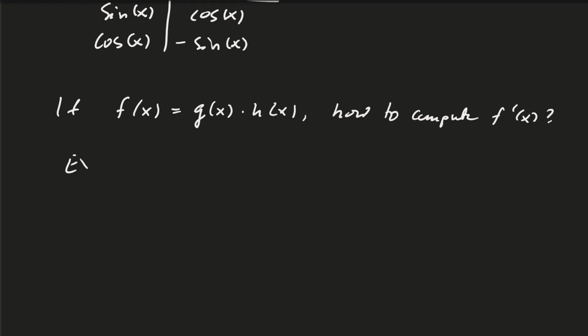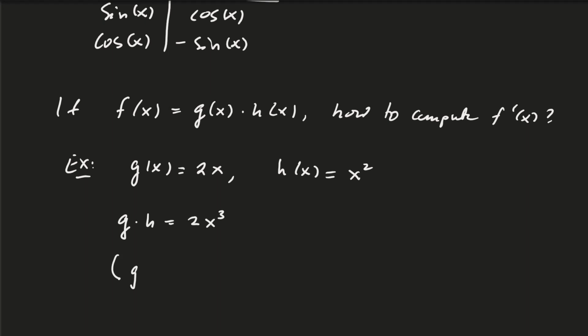Just as a quick example, if g of x is equal to, say, 2x and h of x is equal to, let's say, x squared, then notice that g times h would be 2x cubed, right? And so the derivative of that would be 6x squared.